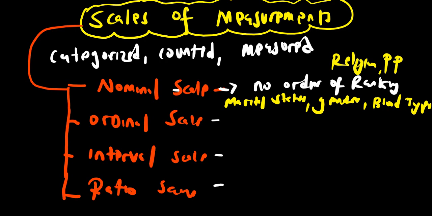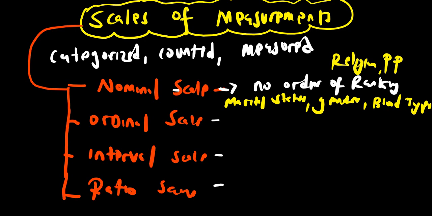Blood type is either blood group A, B, AB or O. Such kind of things, you cannot rank the data. It's just the way it is. It's not important to rank this data.